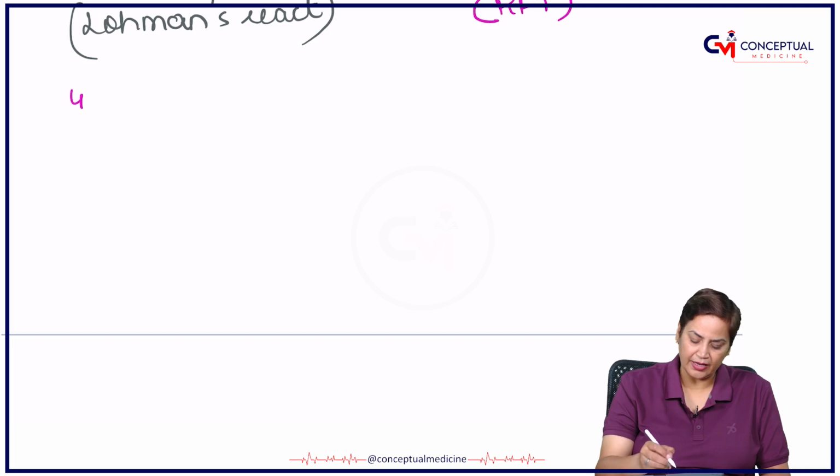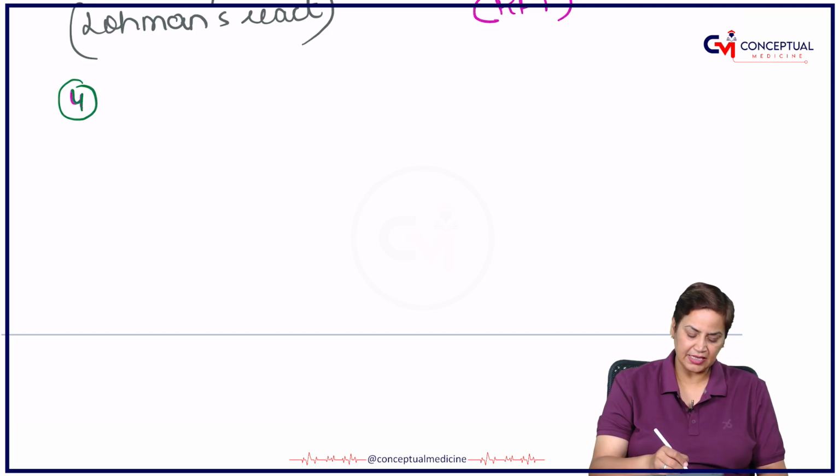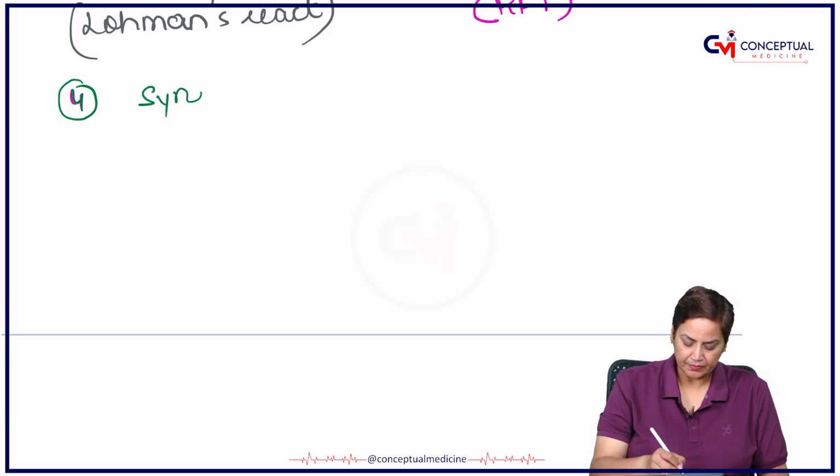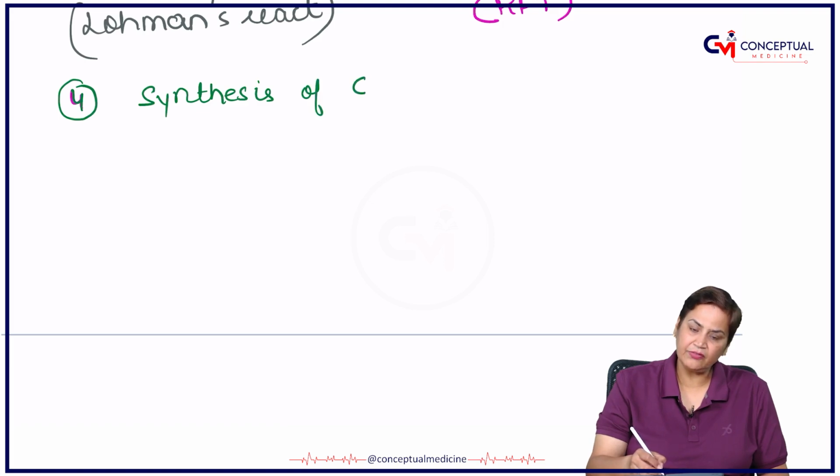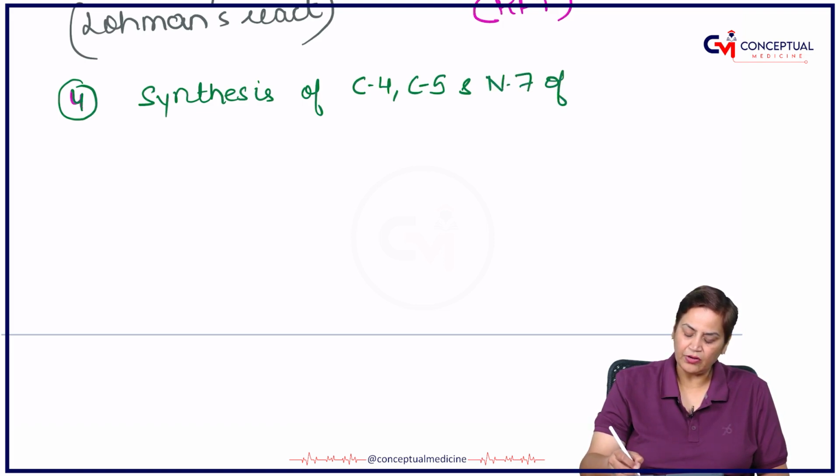Then we come over to the fourth function. Glycine is required for the synthesis of C4, C5 and N7 of purine nucleus.